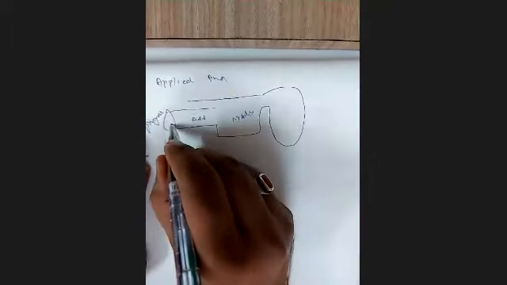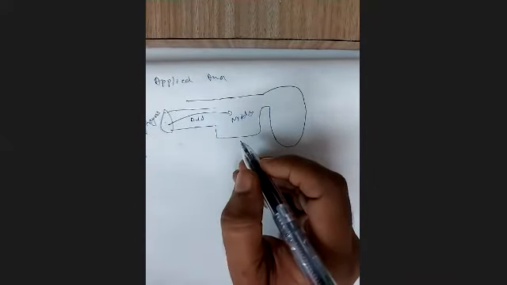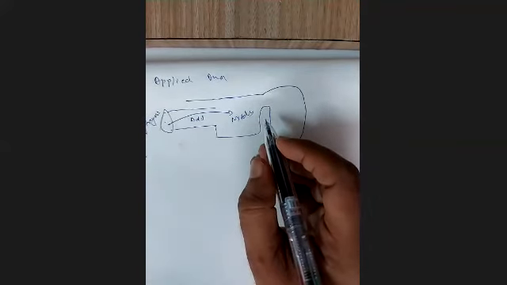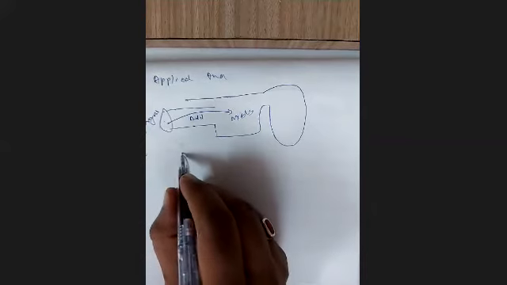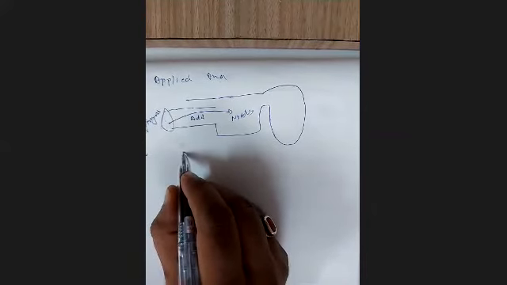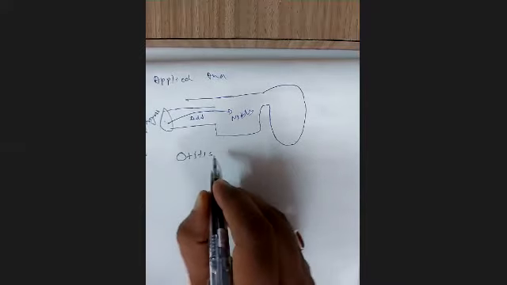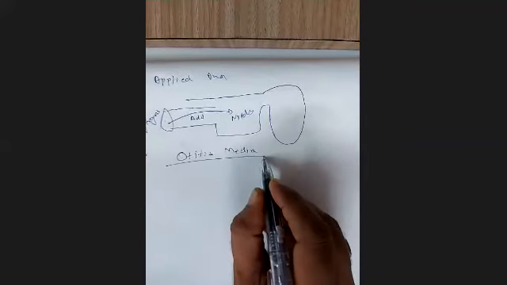So therefore, the infection from the pharynx via auditory tube can go into middle ear. Okay, it can also reach the middle ear when there is a rupture of tympanic membrane. Now, whenever this infection happens, this infection is called otitis media. Infection of middle ear is called otitis media.